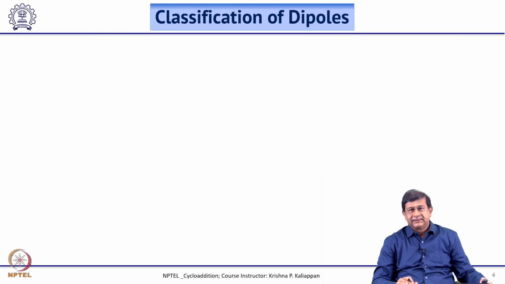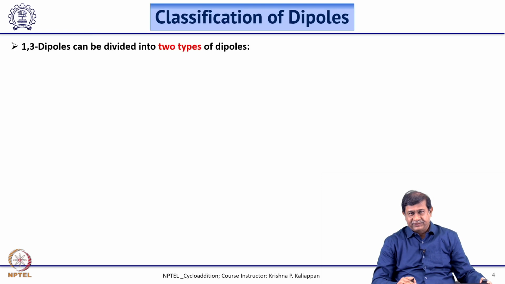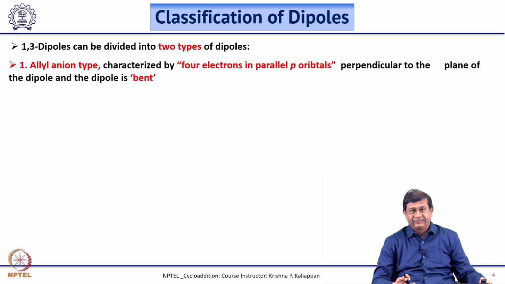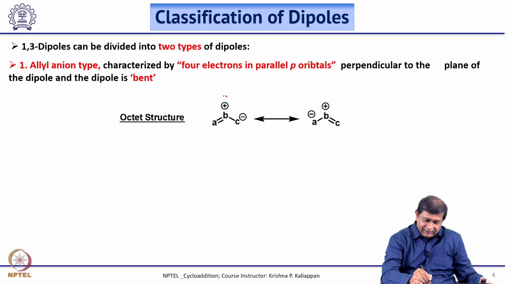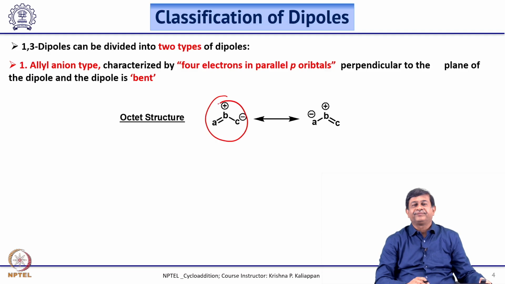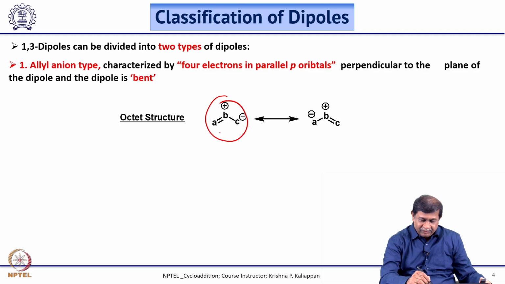So, like dienes, when we talk about dipoles, dipoles can be broadly classified into two types. One is allyl anion type, the other one is allenyl or propargyl type. So, what is allyl anion? If you look at this structure, this looks like allyl anion. You have 2 pi electrons and then you have an anion.